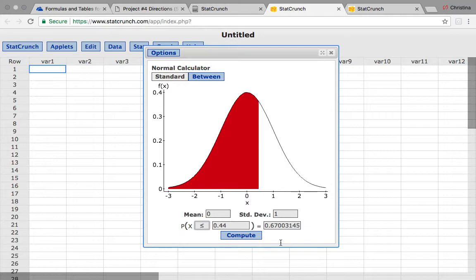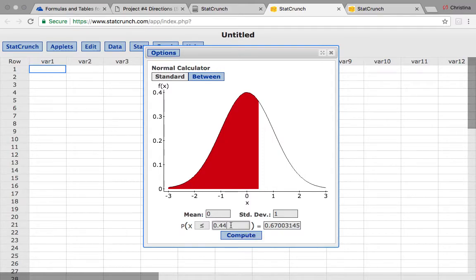They're typically rounded to 4 decimal points. So when you're doing the exercises on your own, you can just round it to 4 decimal places. And if it doesn't give you the answer right away, you can just click compute and then it should pop up there. So the answer for this one for our probability would be 0.67 is our probability to the left, or the area to the left of 0.44.